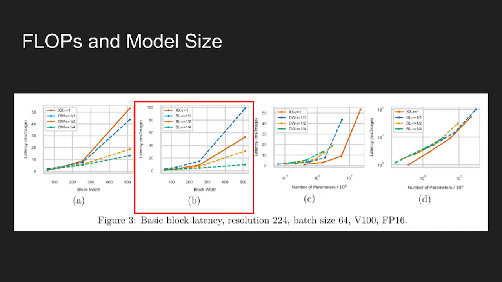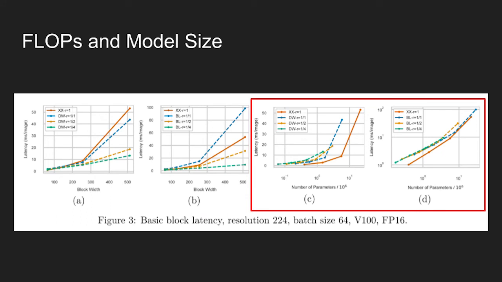When ratio is 1, bottleneck block is slower than XX block since 2 bottleneck blocks of ratio 1 is clearly larger than 1 XX block. Based on figure A and B, the authors claim that it's reasonable to only use bottleneck block or depthwise block in network design. The plot in figure 3C and D show network latency against the network size.